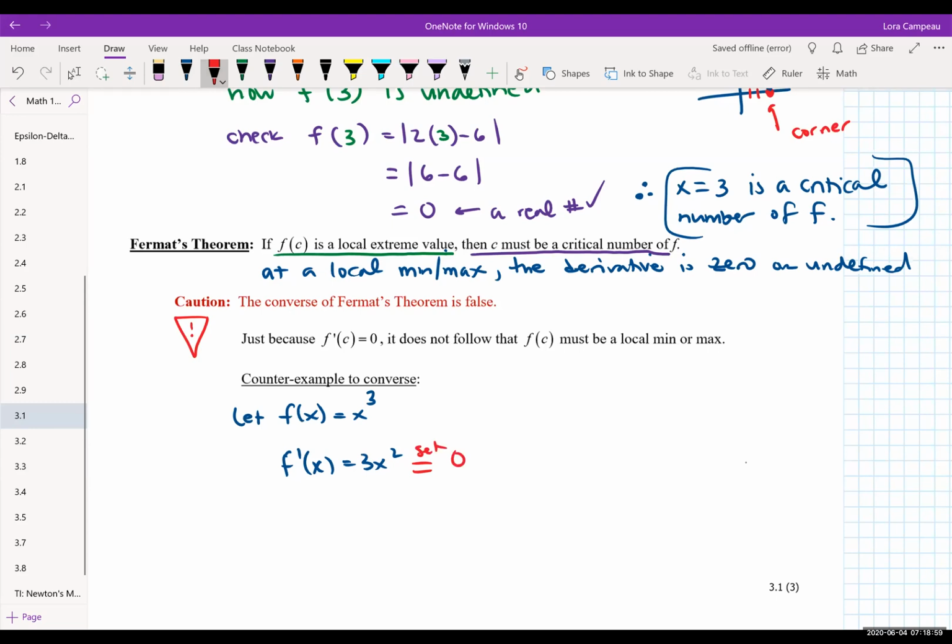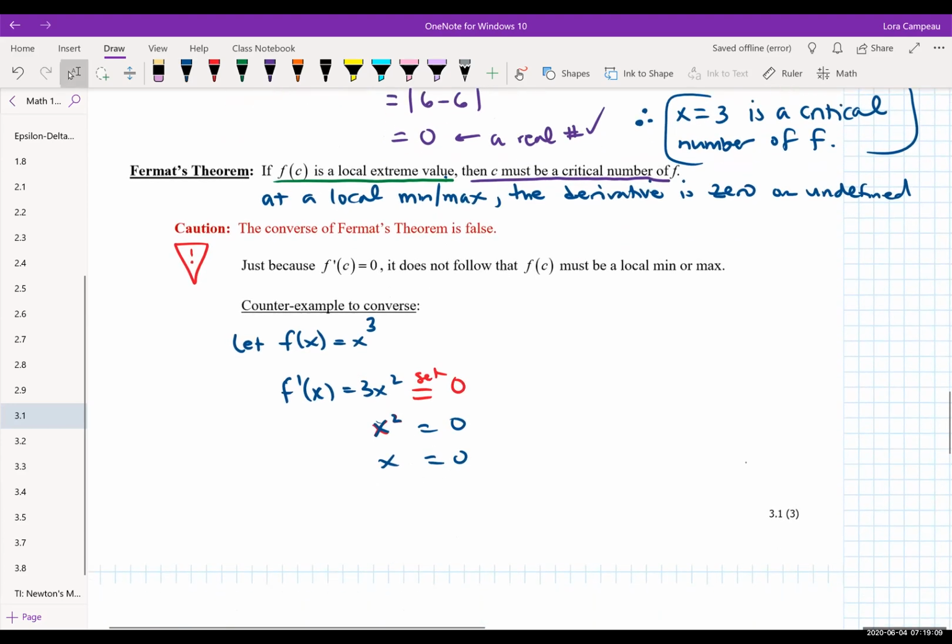What happens? We get x squared equals 0, or x equals 0. And so we could say, okay, yeah, that is true. We have a critical number, because it's where the derivative is equal to 0.